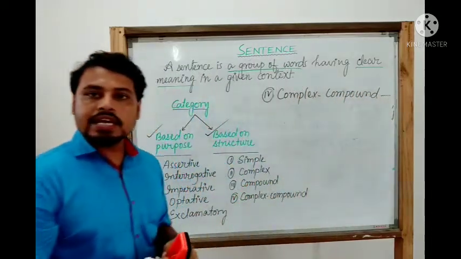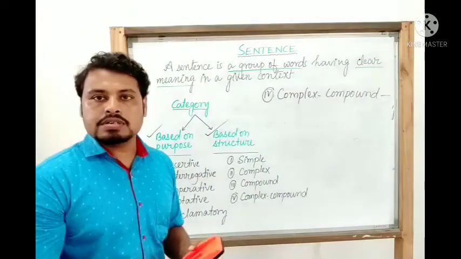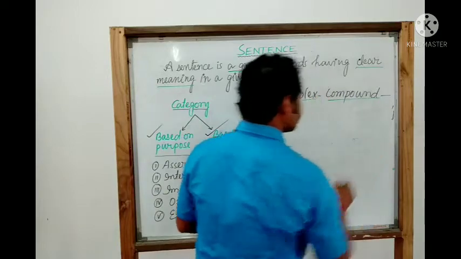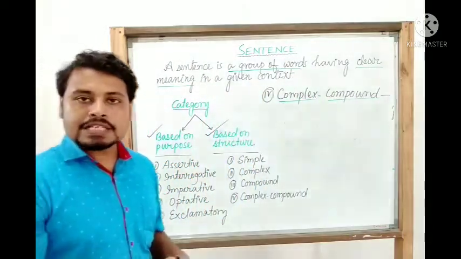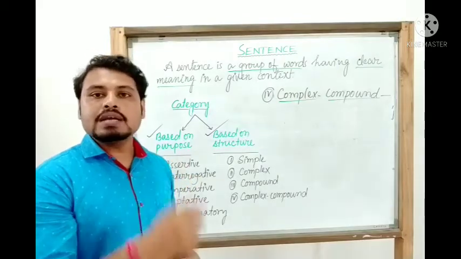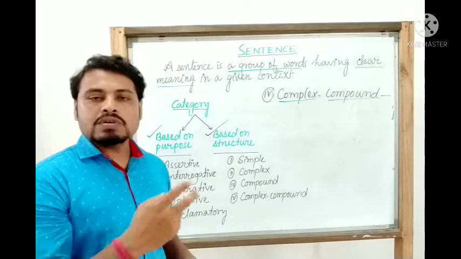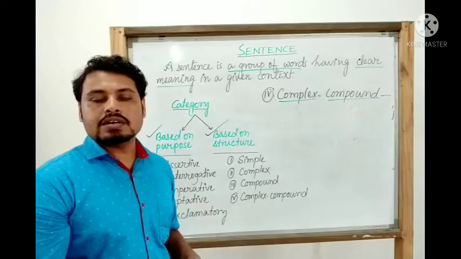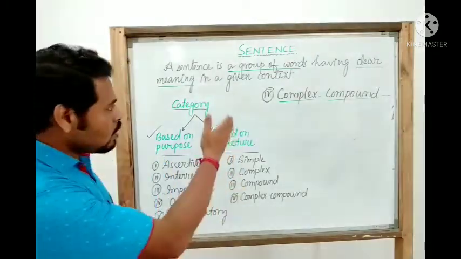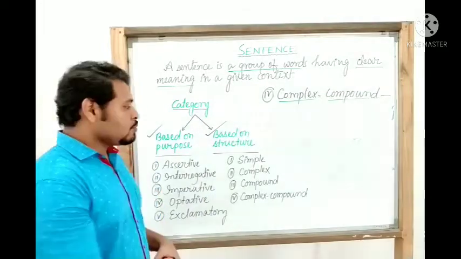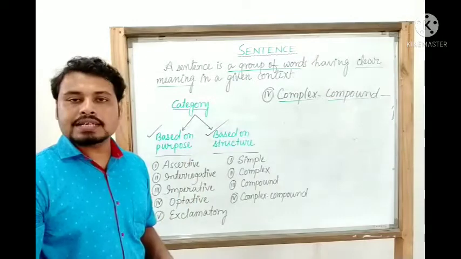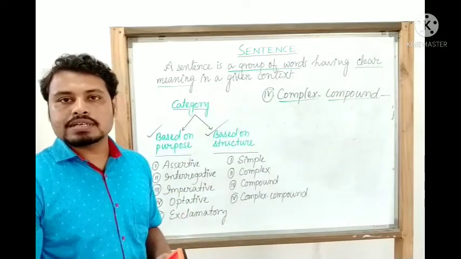Now when we say complex compound, we have seen complex sentence as well as compound sentence. A complex sentence means one dependent clause and one independent clause. A compound sentence means two independent clauses joined by a conjunction. So a complex compound sentence has the properties of both.